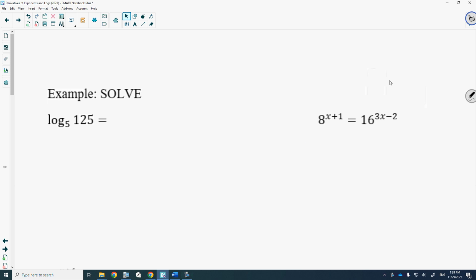Okay, so just to review what we talked about with part 1 of this lesson, I introduced natural logs. Natural logs is a log with which base? E. So natural log is a log base E. A common log is a log of base 10.